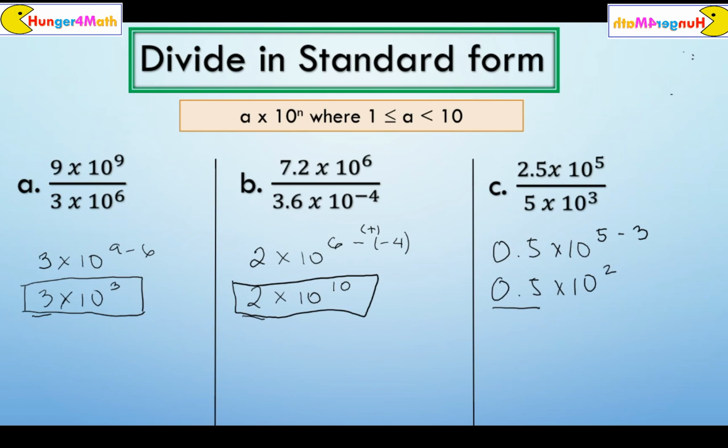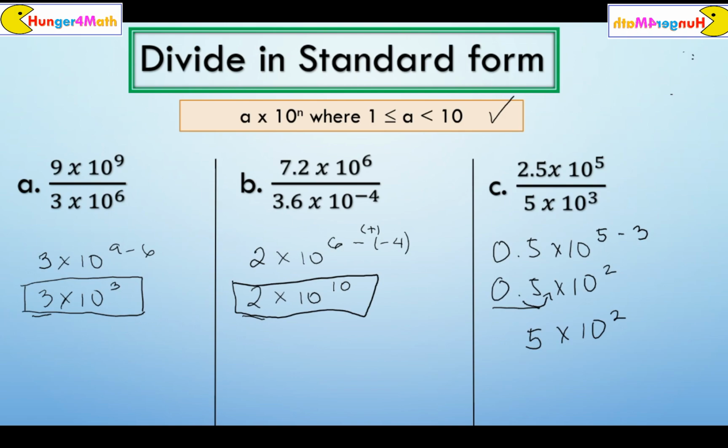Since 0.5 is less than 1, we need to change that and move the decimal to the right so that we can satisfy the condition that a must be less than 10 but greater than or equal to 1. So that will result in 5 times 10 to the power of 2.